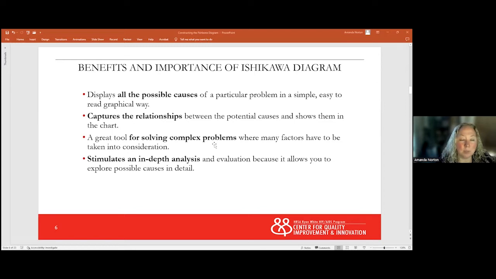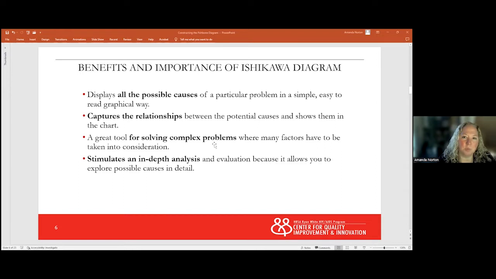And sometimes it feels like you're throwing spaghetti at the wall and just trying to see what sticks. Sometimes you feel like you only get the causes that come from the loudest person in the room or the most influential person in the room. One of the strengths of this diagram is it gives you the opportunity to just get all of the causes out. It categorizes your thinking in a way that is really productive and effective. We'll talk about those categories a little bit later. But it gets you an opportunity to do some brainstorming, get everything out there.